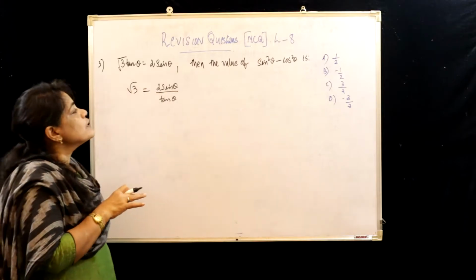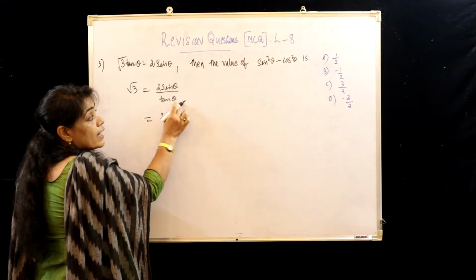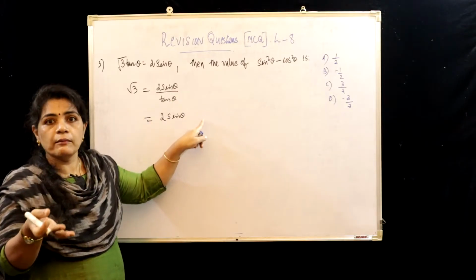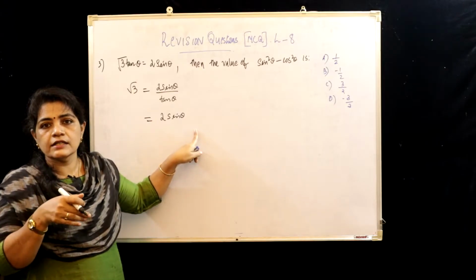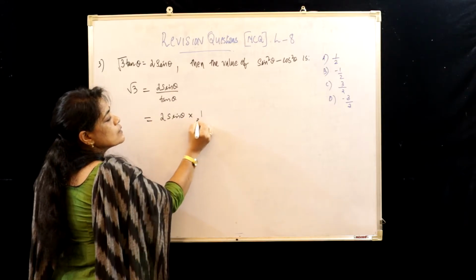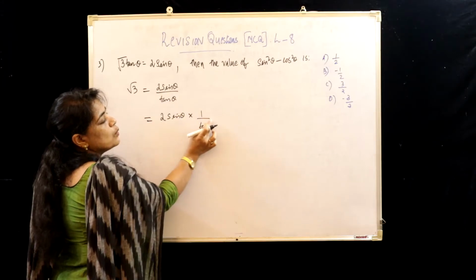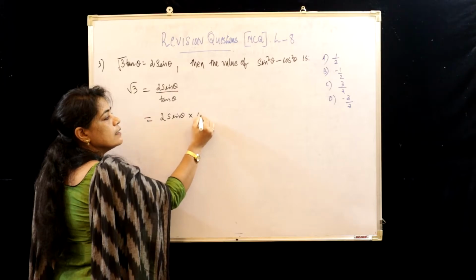For that we know what this 1 by tan theta is, right? This is 2 sin theta into 1 by tan theta. 1 by tan theta is the reciprocal relation, that is cot theta. So children, my point is this can be written as 2 sin theta into 1 by tan theta, and 1 by tan theta is cot theta.